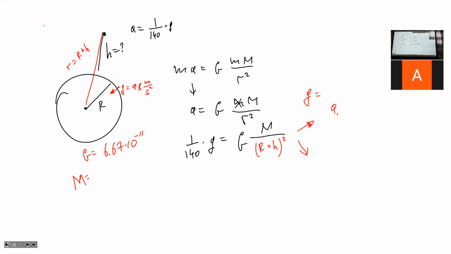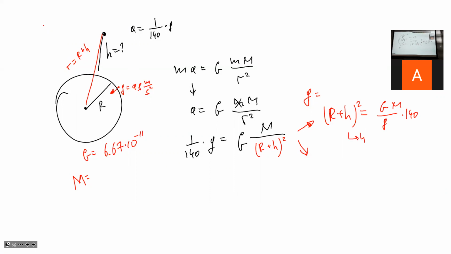So it's 9.8 over 140 times g, oh no, divided. Actually, I want to flip it. So R squared, that is (r plus h) squared, will be equal to GM over g times 140. And you can take a square root and calculate height.